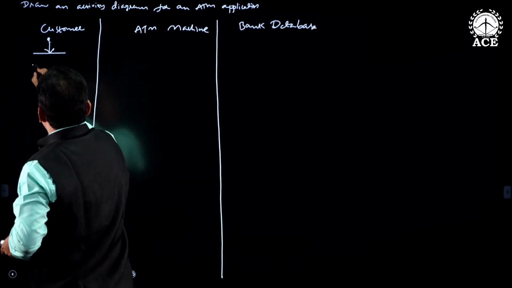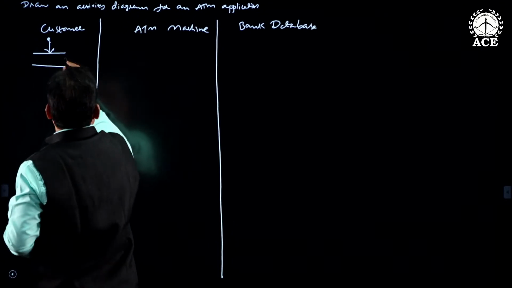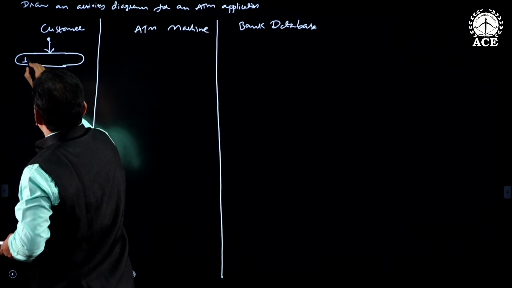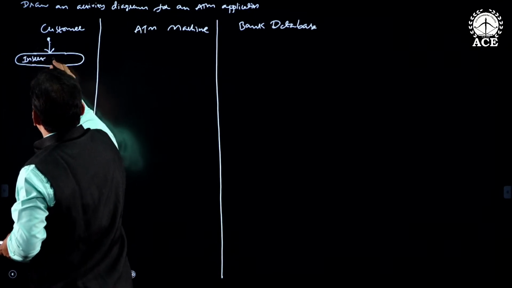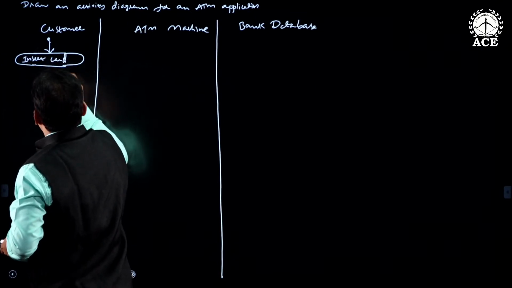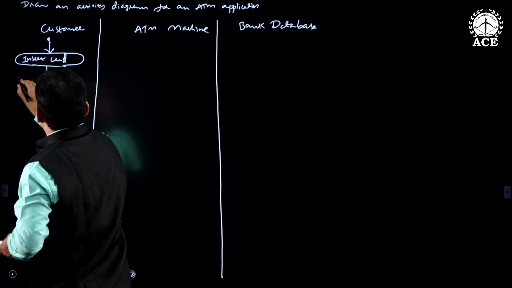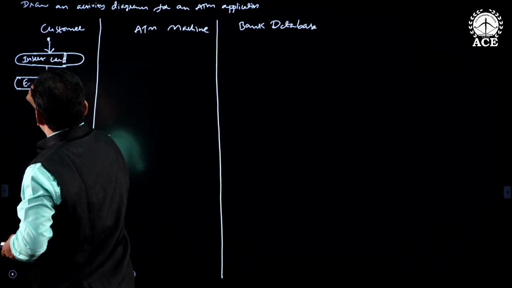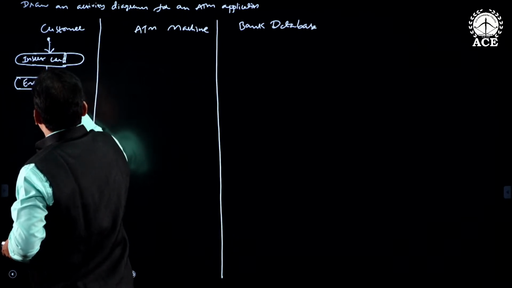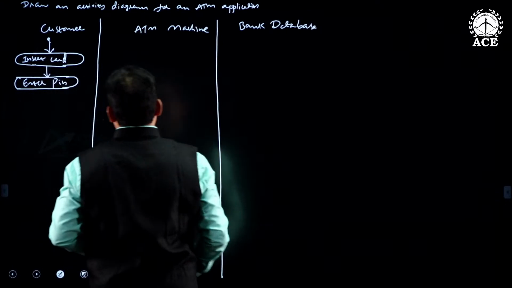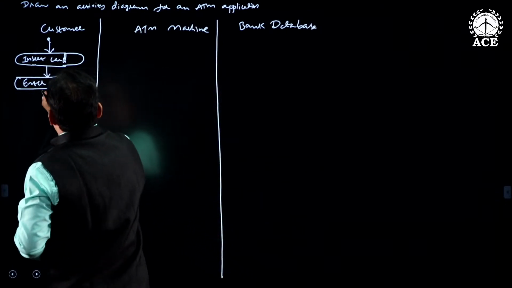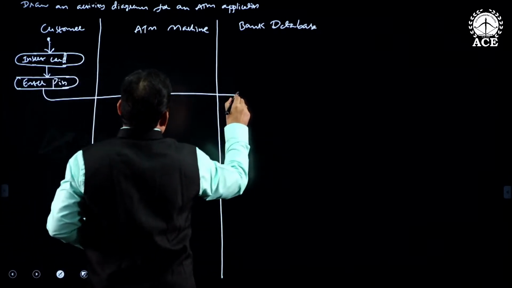The customer inserts the card. If the card is valid, it will ask you to enter the PIN. Then the PIN is authorized, to check whether it is a valid PIN or not.